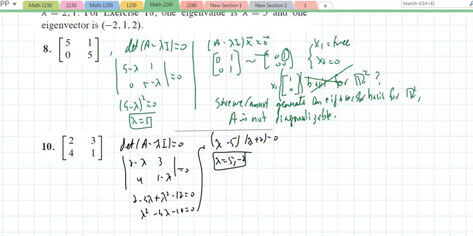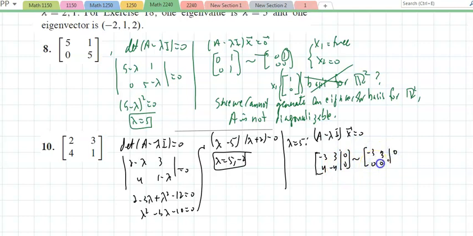We have 2 values to worry about, and let's see how this works. If I take lambda equal 5, I'm trying to solve A minus lambda I times x equals 0. That's 2 minus 5, which is negative 3, 3, 4, negative 4. It becomes negative 3, 3, 0, and 0, 0, 0.